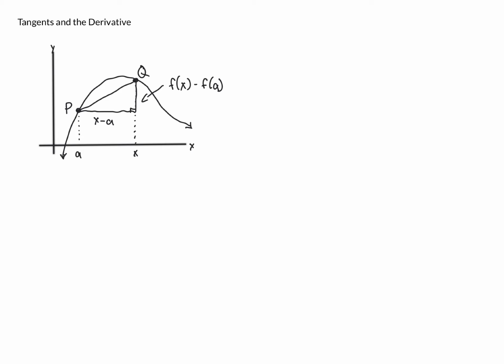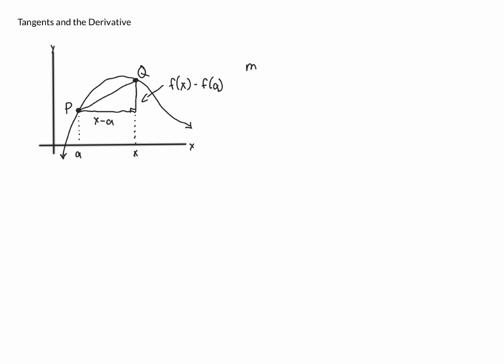The point we want has an x value of a, and then we can pick another point that'll have an x value of x, and we can see that the slope of that secant line is going to be rise over run. The rise is the difference in the function values, and the run is x minus a, the difference in the x values. And so the slope is going to be the rise over the run.